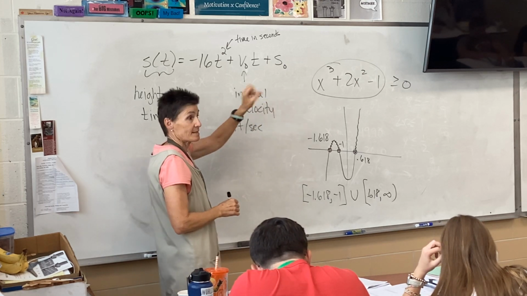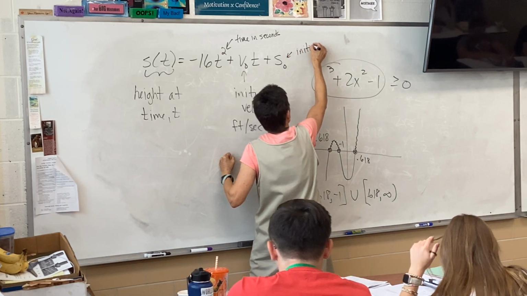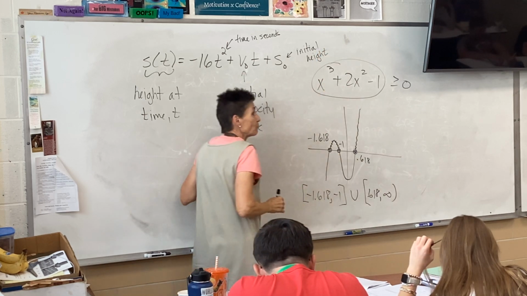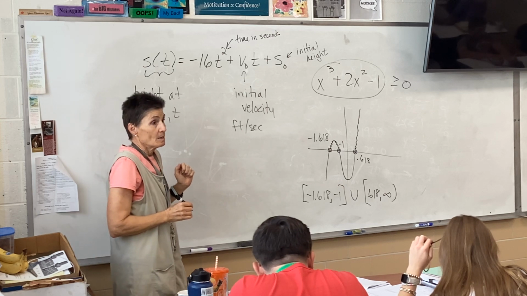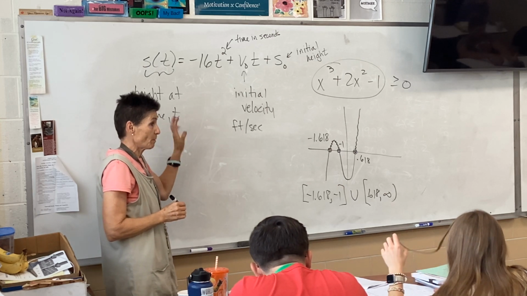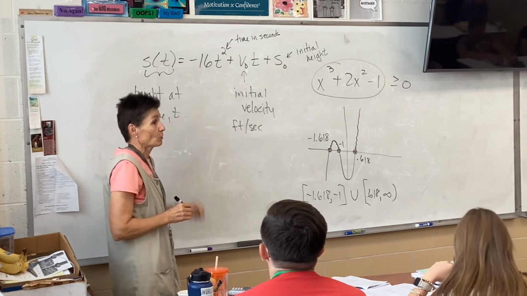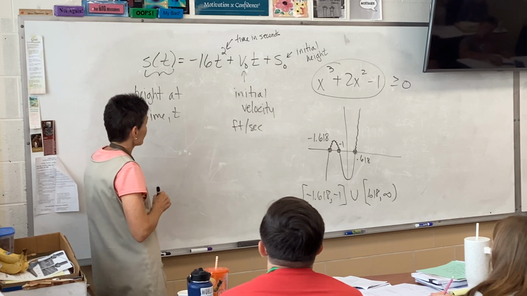And then S sub naught is the initial height. There is a different formula for measurement in meters. So if I'm giving you this formula, this is the feet formula. The meters formula has a different coefficient. That coefficient has to do with gravity.